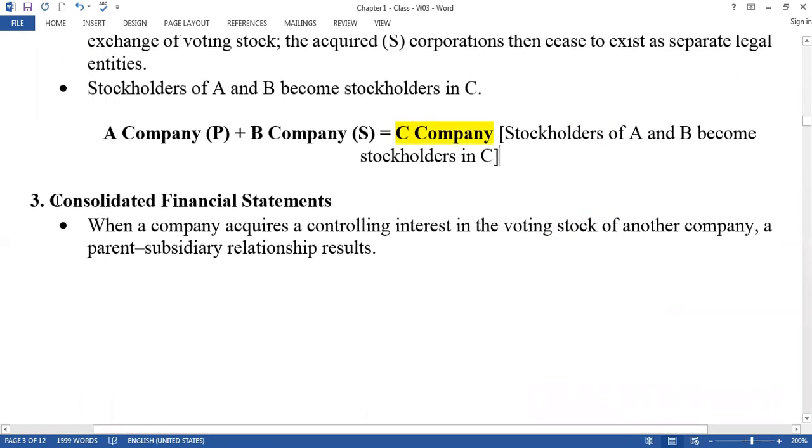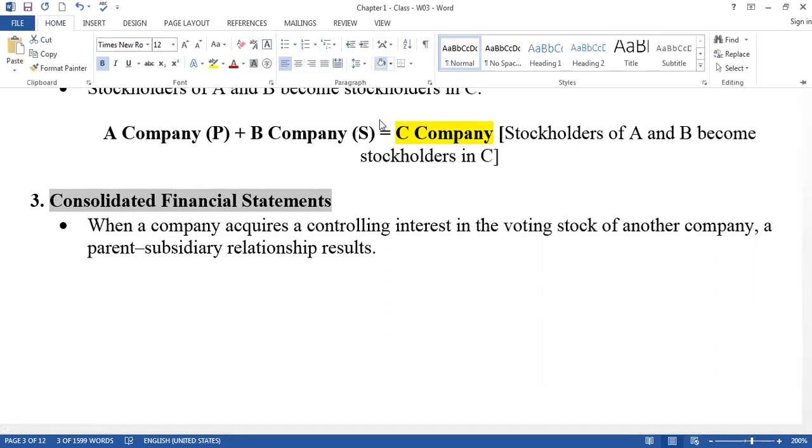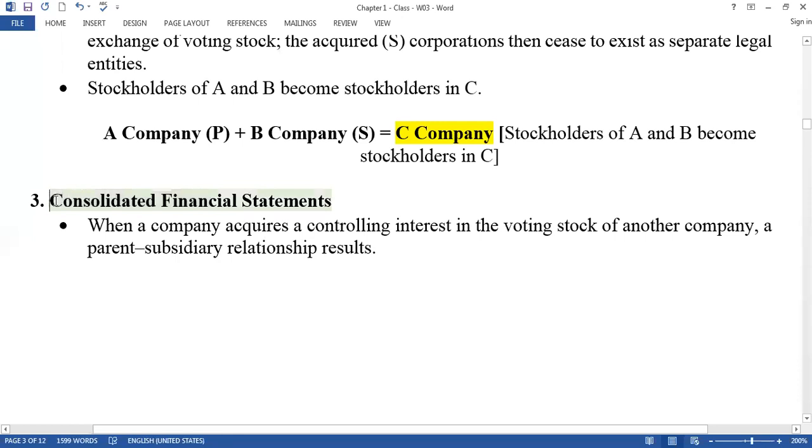So this is called a statutory consolidation. Now we have the consolidated financial statement. This is the most important part, because in advanced accounting, several times we are going to handle consolidated financial statements. This is one of the important terminologies for this course, and we will see it again and again in future whenever we explain any item from this kind of companies. We are going to use the consolidated financial statements. What is a consolidated financial statement?